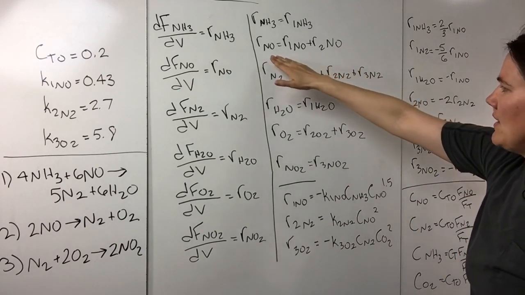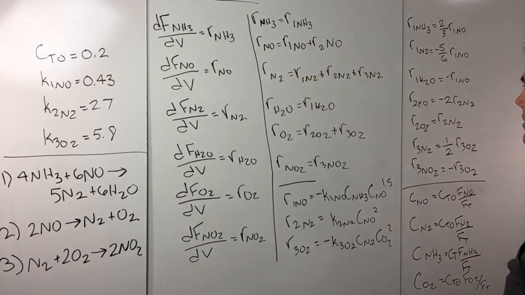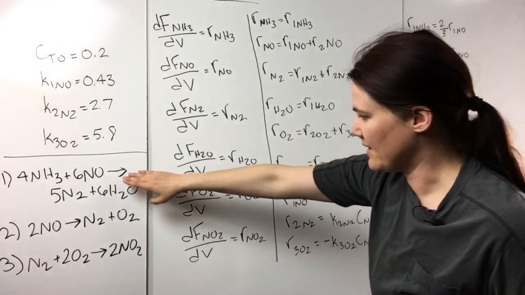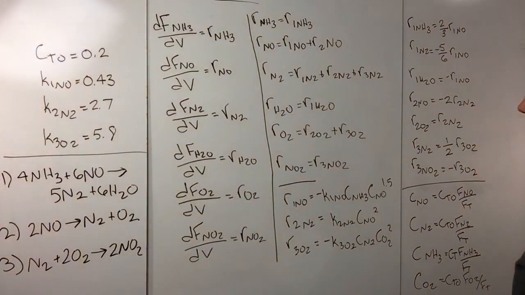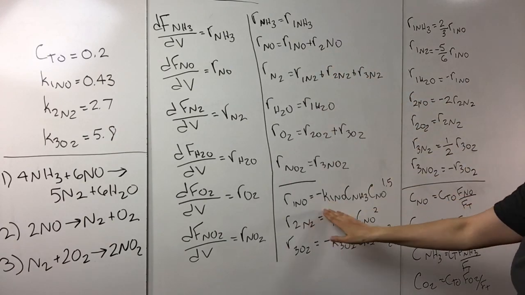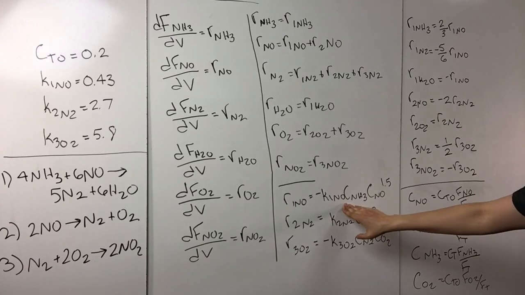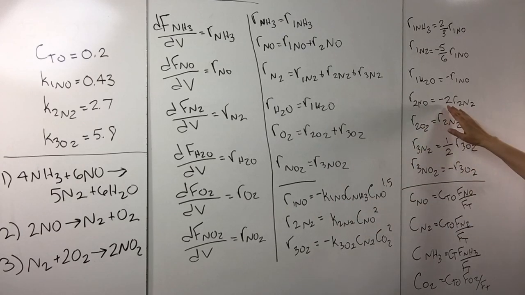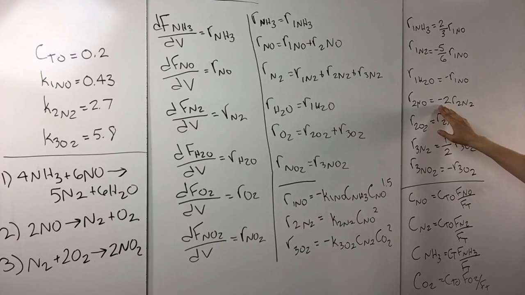And then RNO is equal to R1NO plus R2NO, and it looks like it's disappearing in both of them, so both of these should come out negative. We already know that R1NO is negative because it's given. And then R2NO was minus 2 R2N2, and R2N2 is positive, so that'll end up being negative as well.